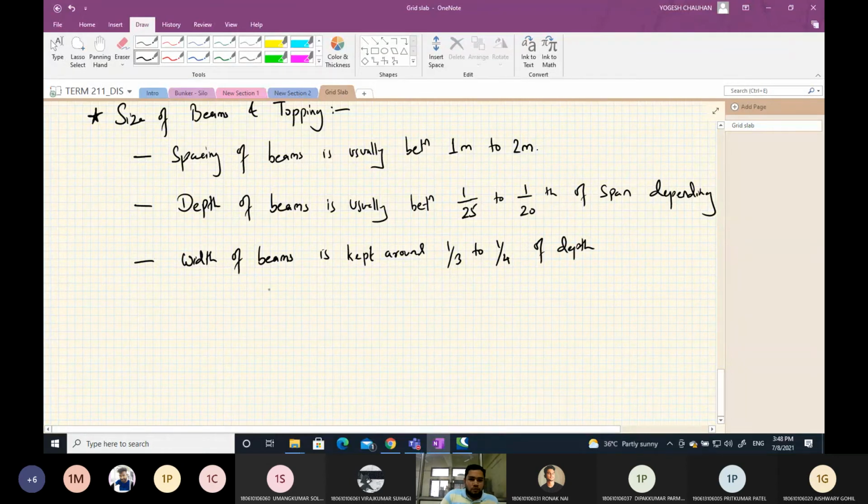So these are the thumb rules which are followed in practice to dimension the beams of the grid floor.